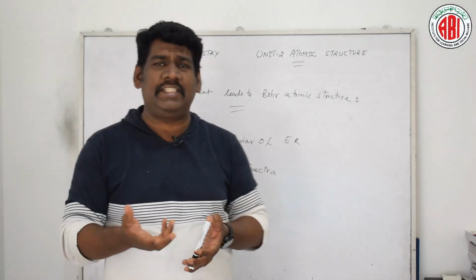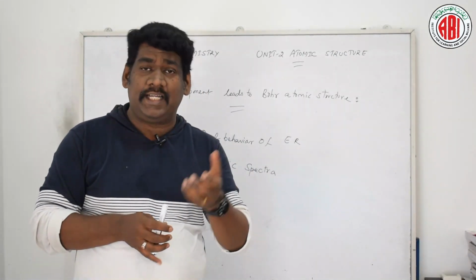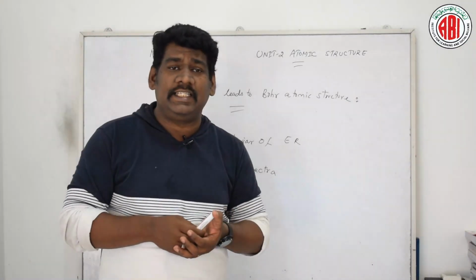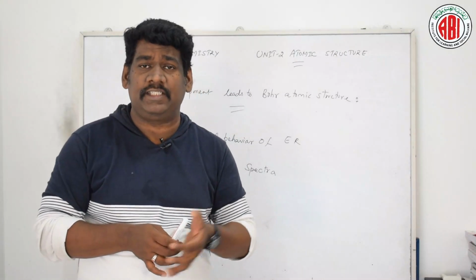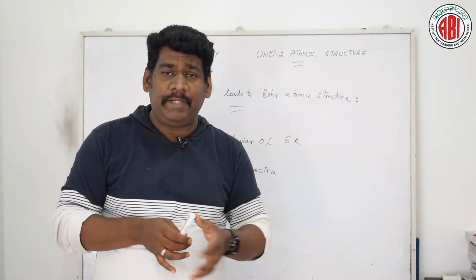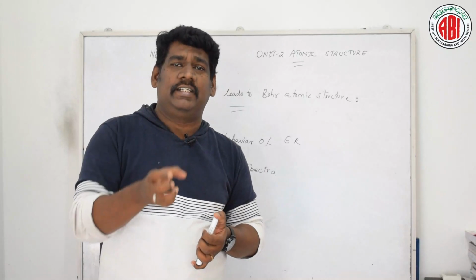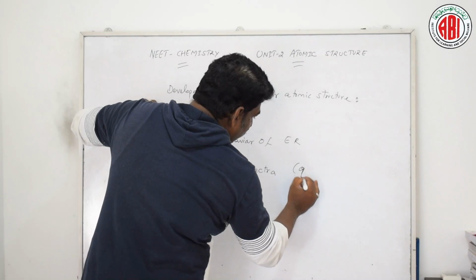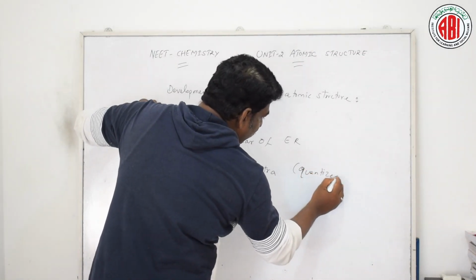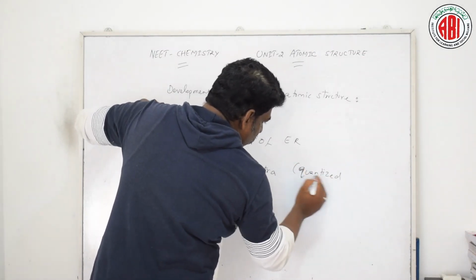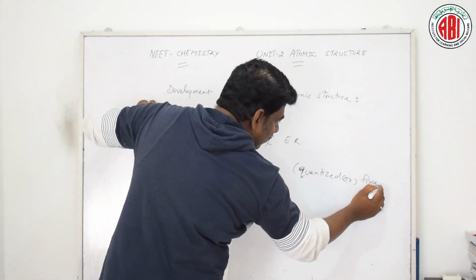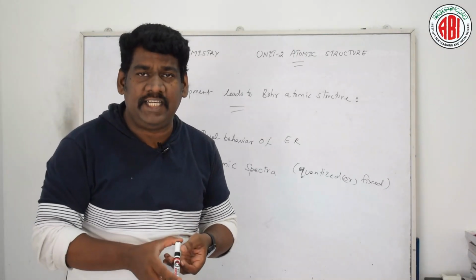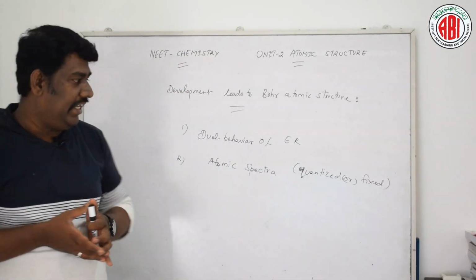There are some experiments which have been conducted based on Rutherford's model of an atom, and as a result, the atomic spectra of atoms can only be explained by assuming fixed or quantized electronic energy levels present in each and every atom.